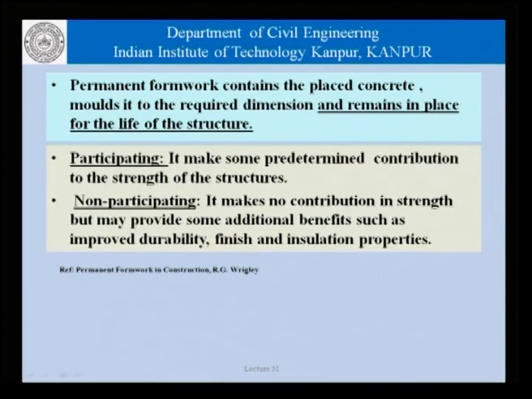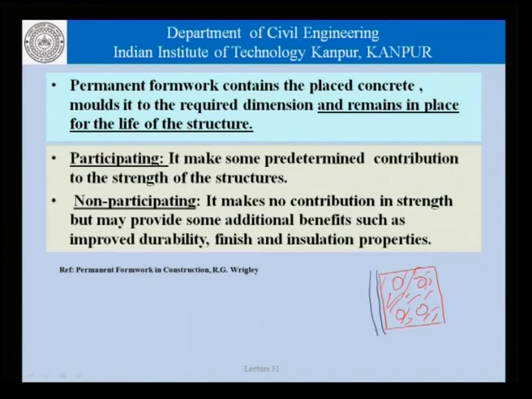Now, let me explain this issue a little bit again. Consider a column with the reinforcement and whatever it is. If this was the normal concrete that we use, what we would do normally is to cast this column against panels which could be made of plywood or steel, and we remove these plates. This is the normal construction that we would do.